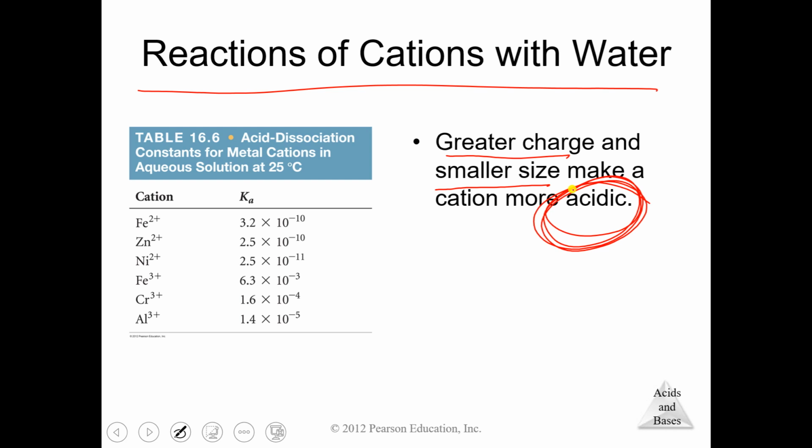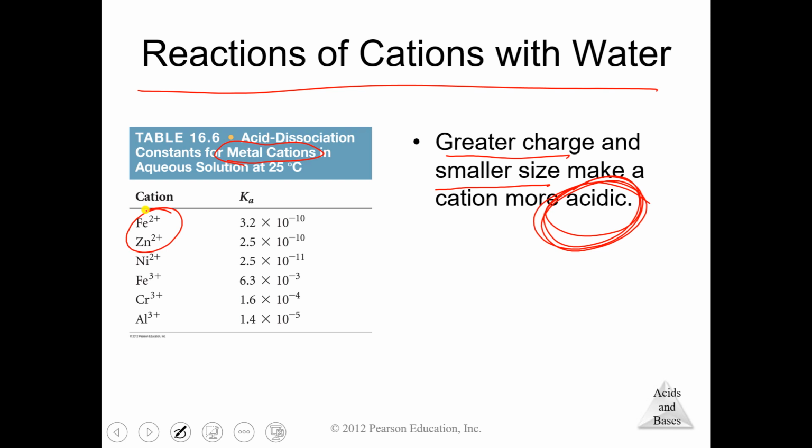So whatever we got going on, specifically with metal cations, we're going to say, okay, what's going on? If you look at, for example, Fe2+ and Zn2+, they have the same charge. So which one has the smaller size?